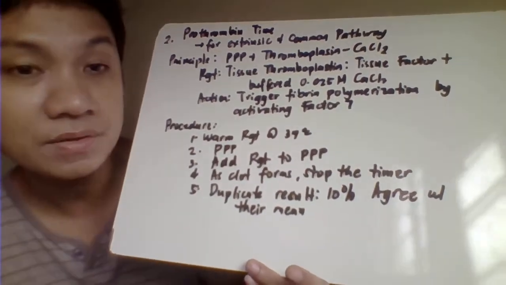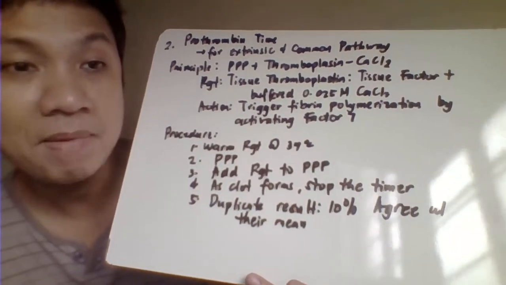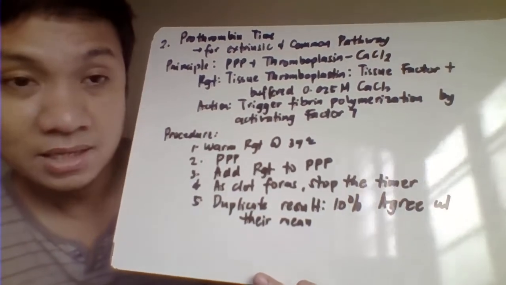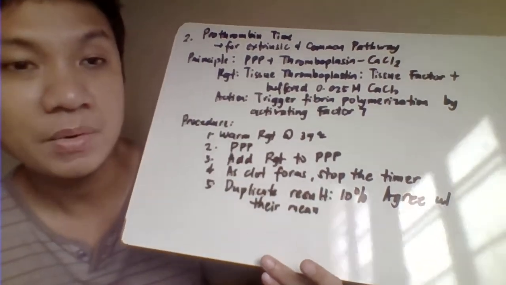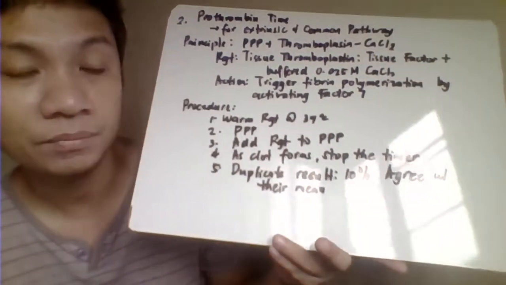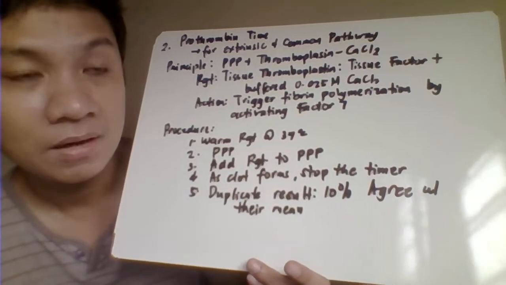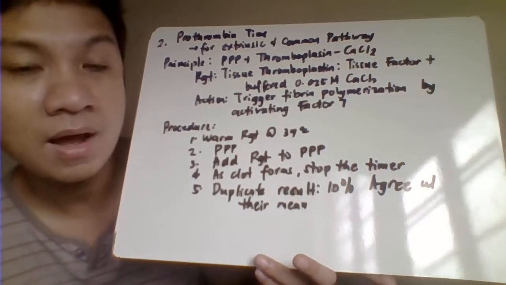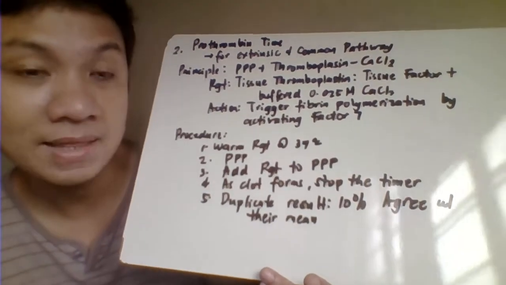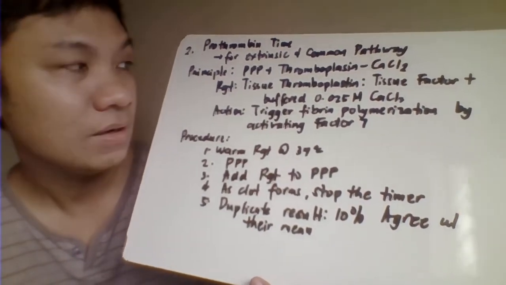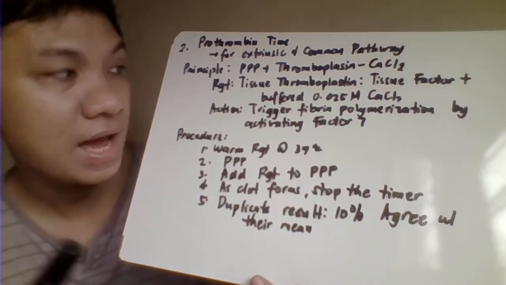It's just a matter of centrifugation lang, and we're highly dependent on the time of the centrifugation as what we have discussed in our introduction to hemostasis. Basically, platelet poor plasma contains less than 100,000 platelets. So this will be the sample for that.